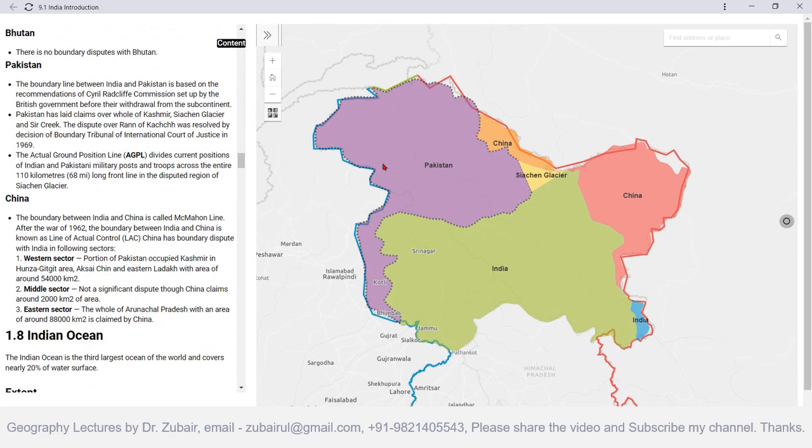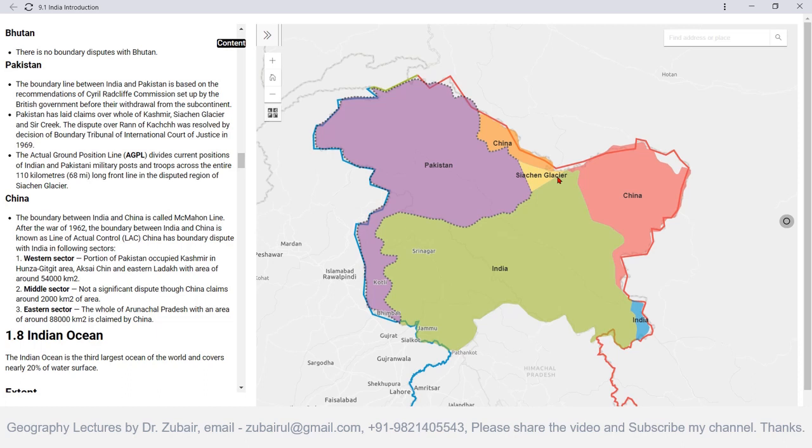Conflict with Pakistan can be understood with the help of this map. Here are 3-4 colors: the green color, the magenta color, the pink color, and this color here. Here they mention Pakistan and China. This is all illegally occupied Kashmir area by Pakistan and China. And here in the triangle is the Siachen Glacier.